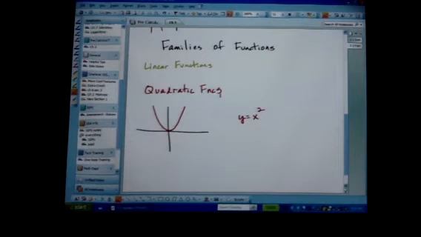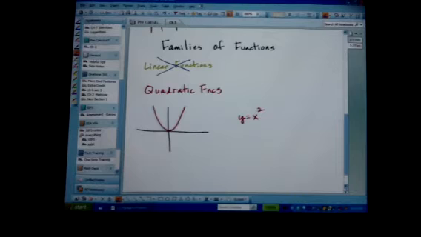Matter of fact, what I'm going to do, watch. You see where I wrote linear functions yesterday? I'm going to put an X through that, because we're not going to deal with that family. It's a valid family, okay? The linear function family, very valid family. But you did linear functions in Algebra 1, and you did a little more of them in Algebra 2. We're not doing them in Precalculus.